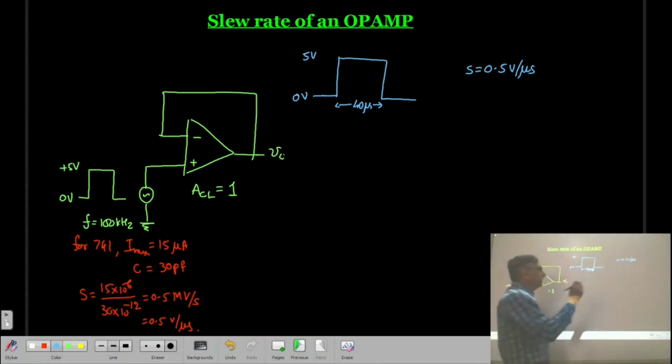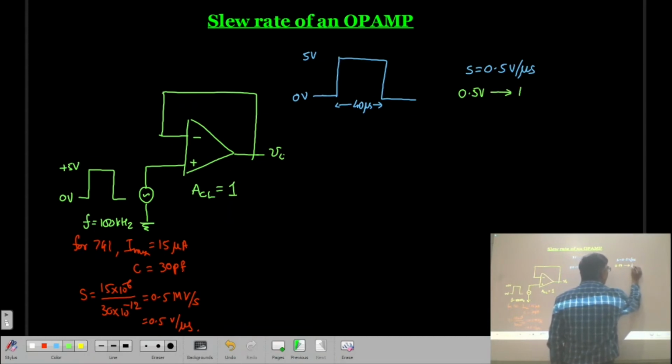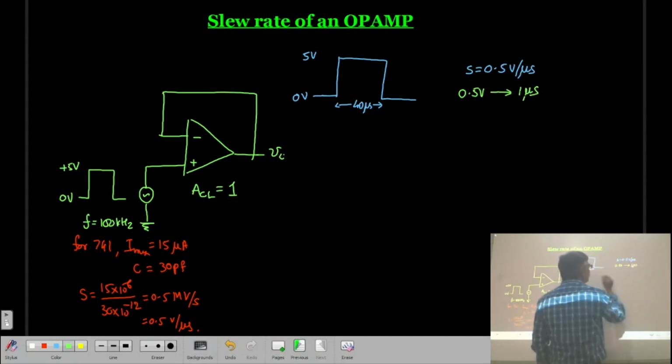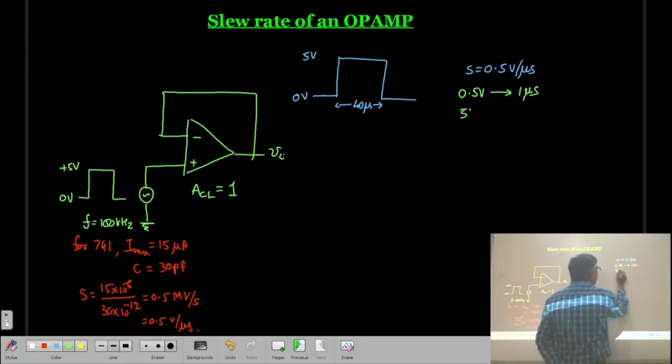So, if the slew rate of the operational amplifier is 0.5 volt per microsecond, it means in 1 microsecond, the output voltage rises to 0.5 volt. So, for 0.5 volt, it requires the time of 1 microsecond. Now, to change the output voltage from 0 to 5 volt, how much time is required?